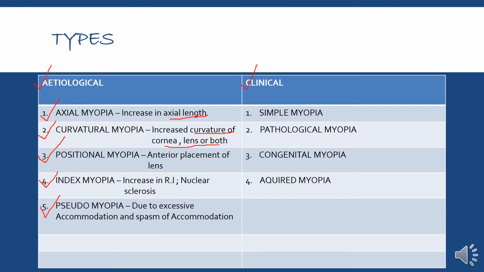Positional myopia, anterior placement of the lens. Index myopia, increase in refractive index. And pseudomyopia is due to excessive accommodation and spasm of accommodation. The clinical types are simple myopia, pathological myopia, congenital myopia, and acquired myopia. I'm going to discuss each of them in the next slides.